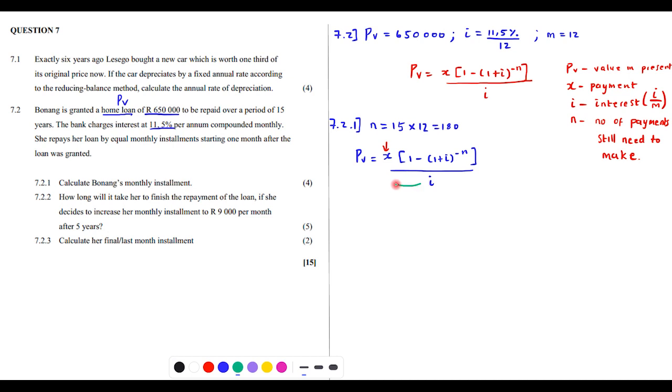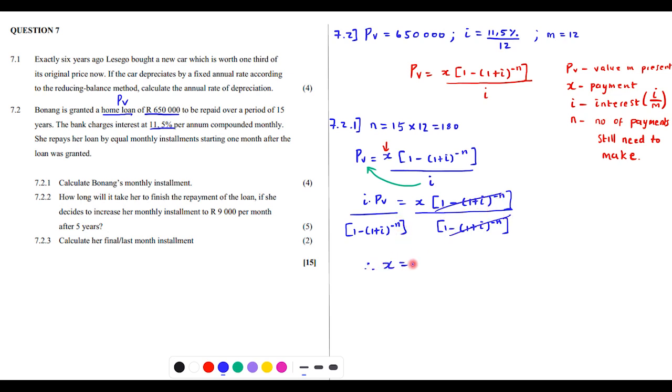So I need to multiply by i to get i times PV, and on the right side I want to be left with 1 minus (1 plus i) to the power of minus n. Then I divide by 1 minus (1 plus i) to the minus n on both sides, this cancels, and therefore my x is going to be i times PV over 1 minus (1 plus i) to the power of minus n.